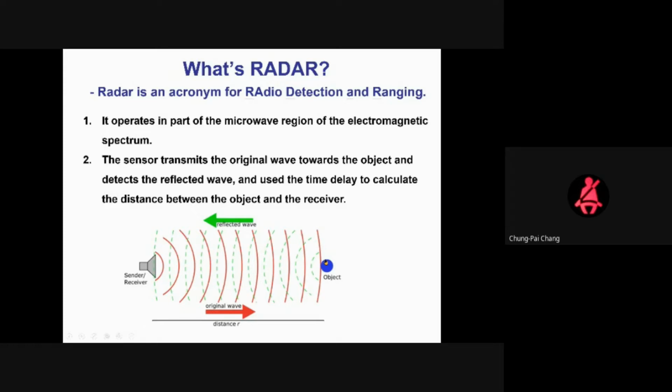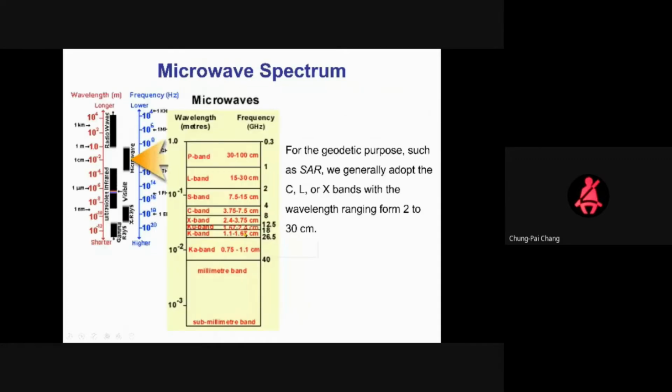Only the return signal from the object itself, from the aircraft, is the signal. So we have to filter out the noise from the land or sea surface. This is the very first idea, a very early idea.